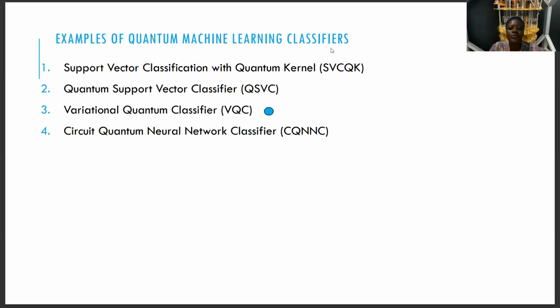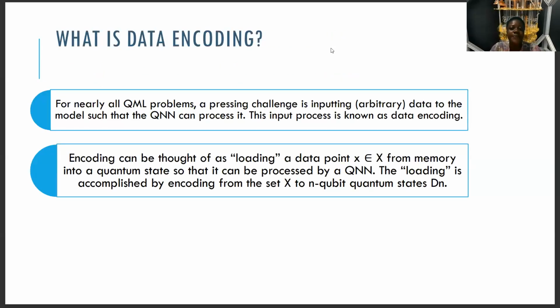Okay, so now we've heard of data encoding, but let us know what data encoding is. It's nothing strange. So I read that for nearly all quantum machine learning problems, a challenge is inputting arbitrary data into the model such that the quantum neural network can process it. This input process is known as data encoding.